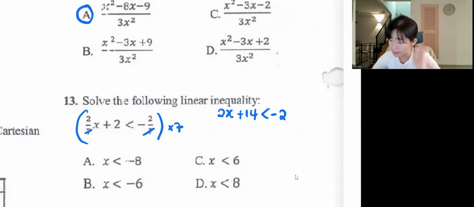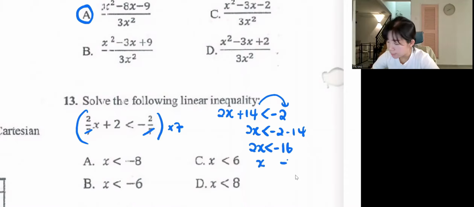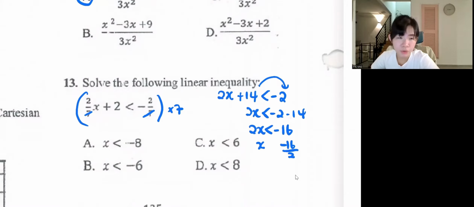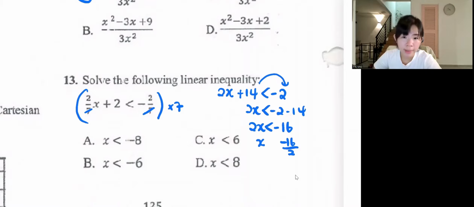Now you have to find x. We move 14 over. 2x less than negative 2 minus 14. 2x less than negative 16. To find x, the 2 brings over and becomes divide by 2. Okay, guys, should we reverse the symbol, or do we remain it? Do we need to change to more than?